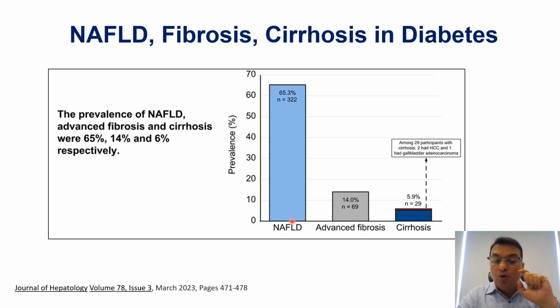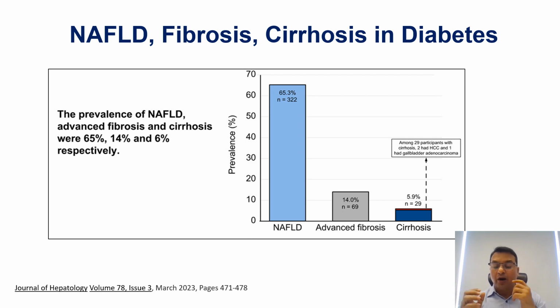But what is more important, 15% of type 2 diabetes patients had advanced stage of fibrosis, and this is the advanced fibrosis which is responsible for the clinical events like cirrhosis, HCC, liver failure or transplantation. And in this study, around 6% of those type 2 diabetic patients had cirrhosis.